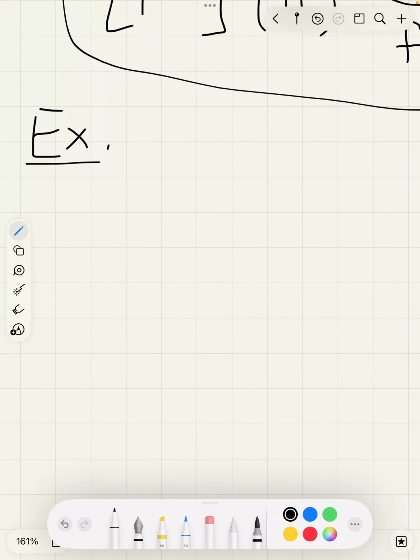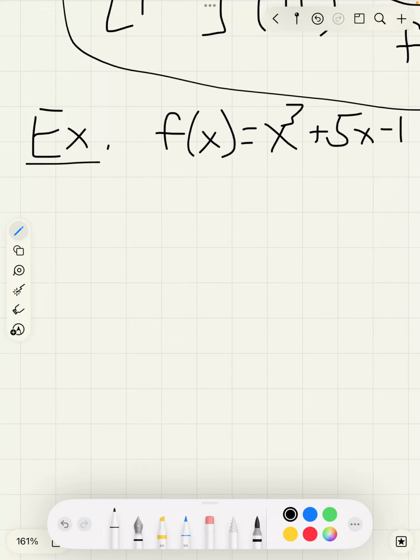First example, let's say we have f of x equal to x cubed plus 5x minus 1. It would be kind of horrible to try to go and find the inverse of that. So instead, we can use the rule to figure out f inverse prime of -7.